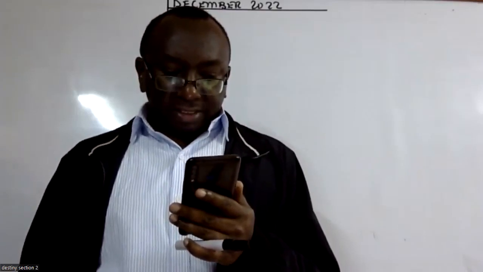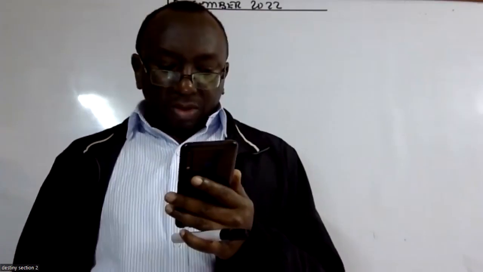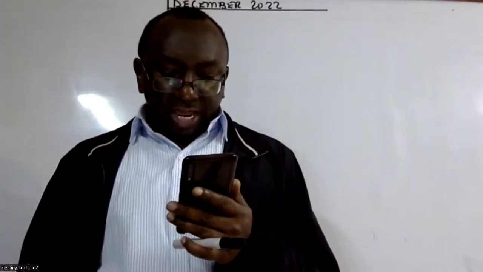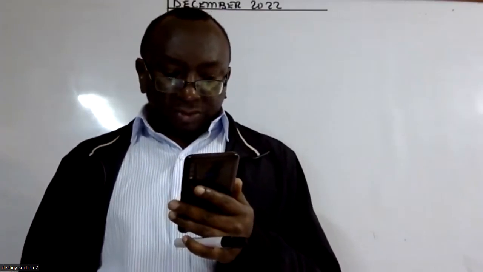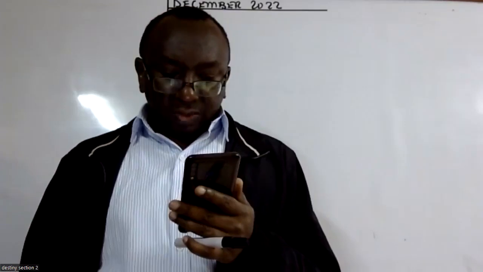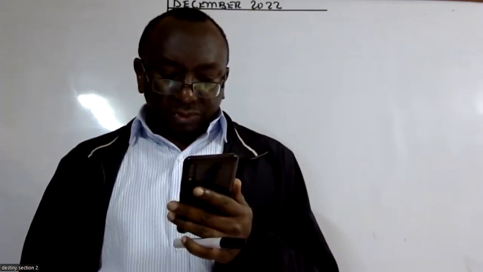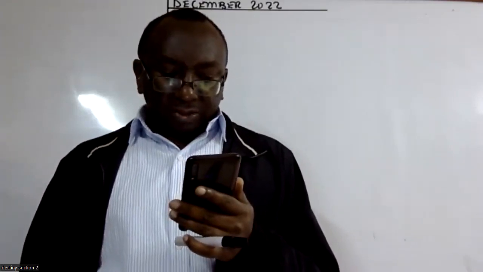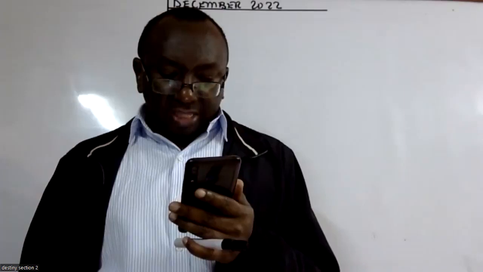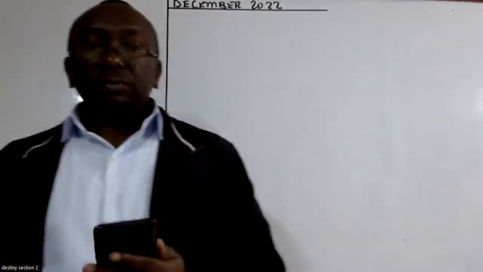The firm estimates that the marginal costs MC in thousands of shillings could be represented by the function MC is 5x squared minus 3x minus 2. And fixed cost will be shillings 1,000 per month, where X is the monthly output in thousands of pairs of shoes. You are required to derive the average costs and the average revenue functions of the firm.